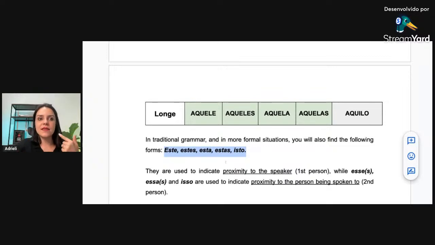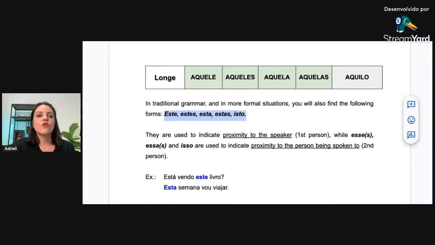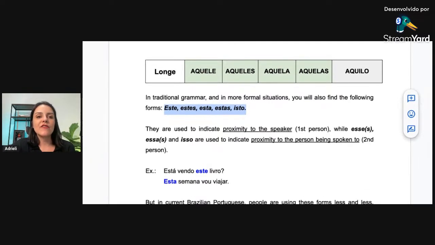While esse, esses, essa, essas, e isso, they are used to indicate proximity to the person being spoken to, the listener, the second person. Okay? So, for example, está vendo este livro? The book that I have in my hands. Está vendo este livro? Can you see this book, the book that I have in my hands, that I'm holding?